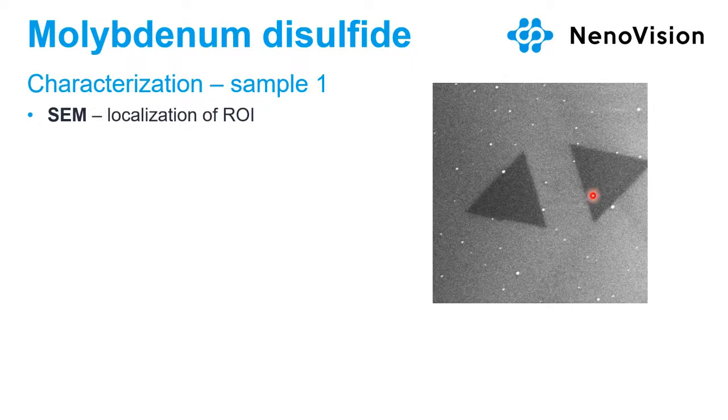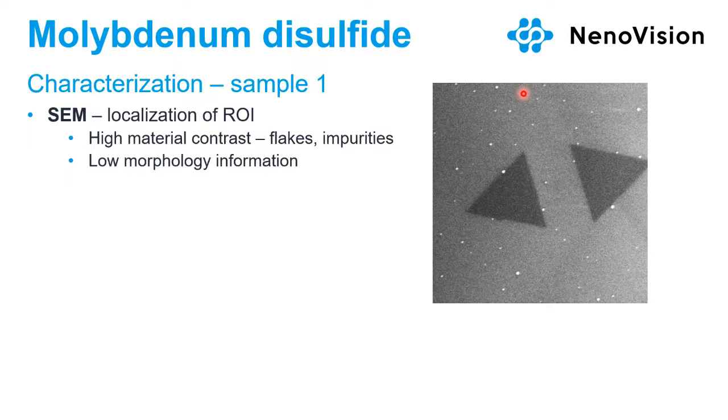So first of all, we localized and measured the flakes by SEM. We can see very high material contrast of the flake and of some impurities on the surface. We see a bit of morphology, but not very much, especially not in that direction.